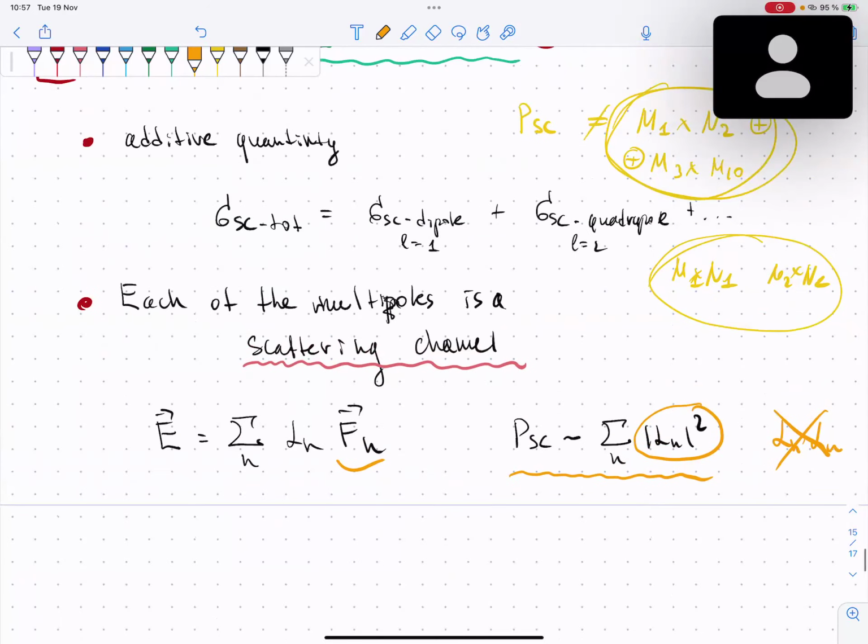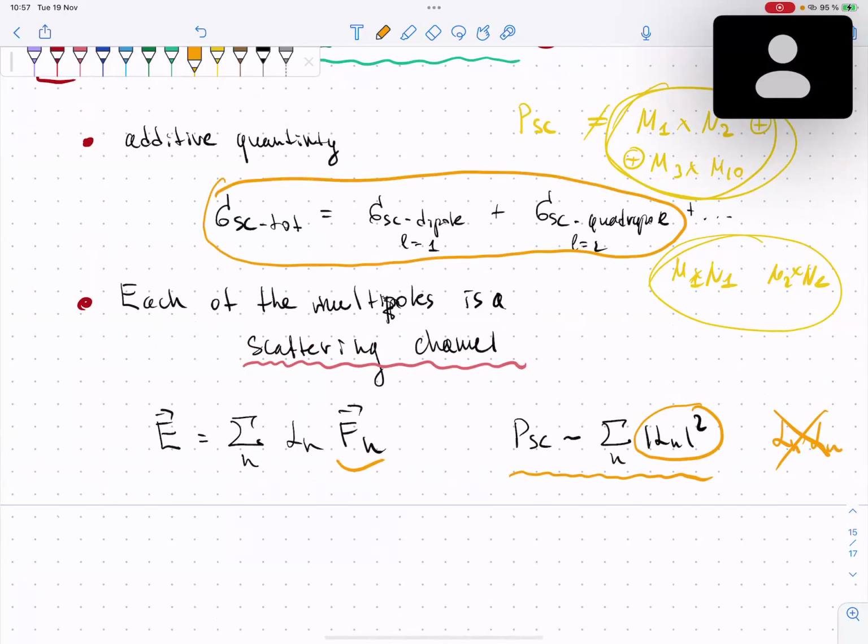And because of this, the total scattering cross-section corresponds to the sum of scattering cross-sections into each independent scattering channel.